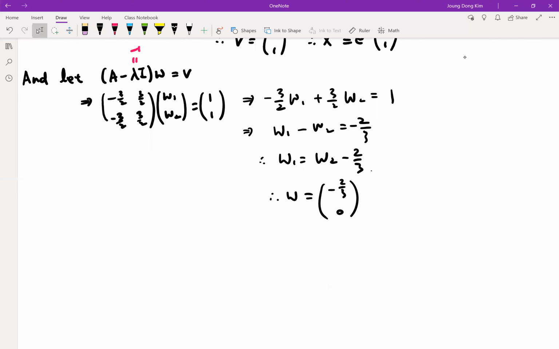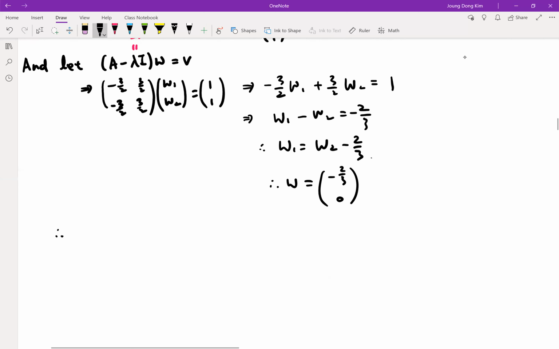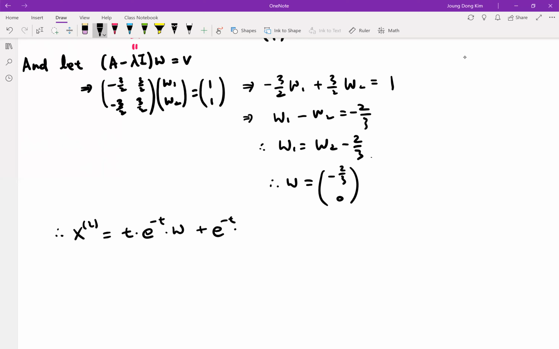Then we can set up the second vector function. Did I use u or x? Okay, x. x2 will be set up this way: t times e to the minus t v plus e to the minus t w, which is equal to t e to the minus t times my v vector, 1 and 1, plus e to the minus t times negative 2/3 and 0.